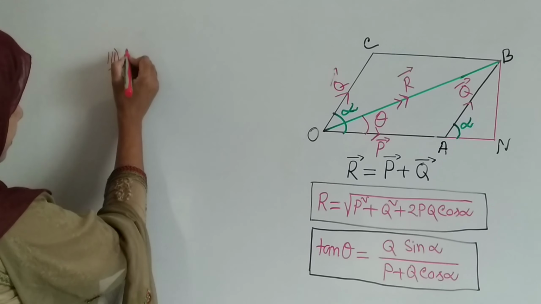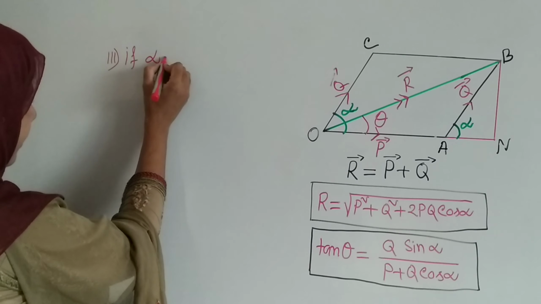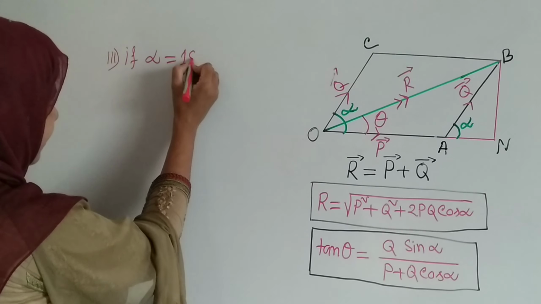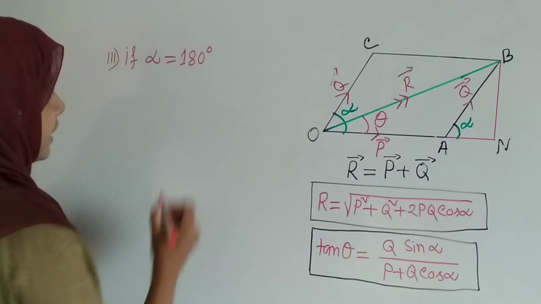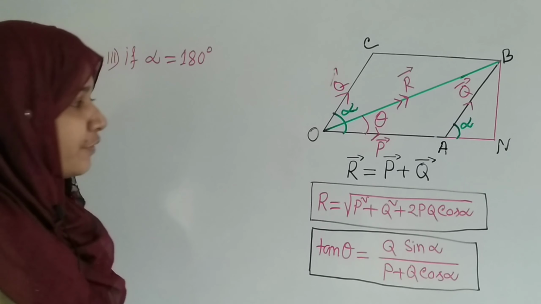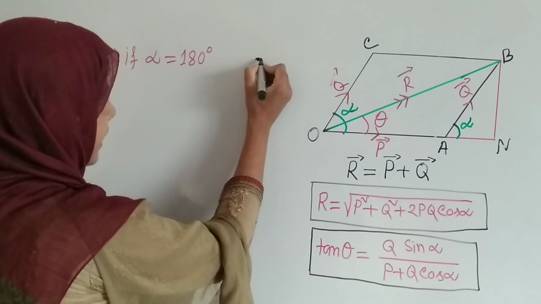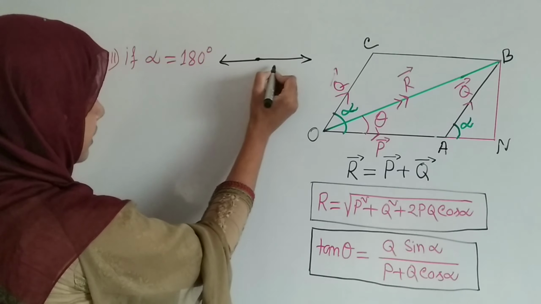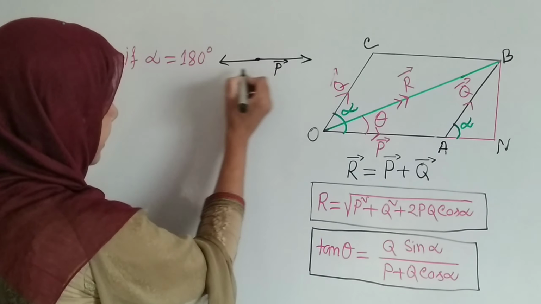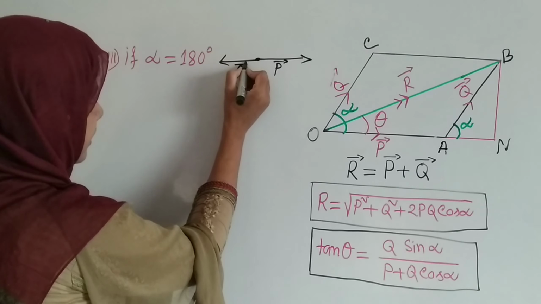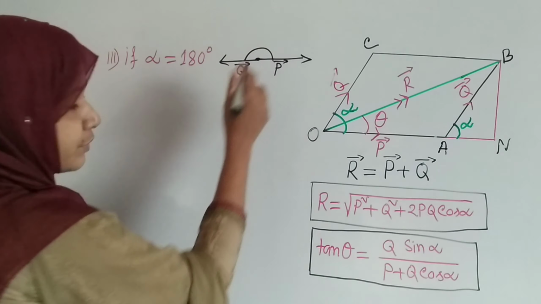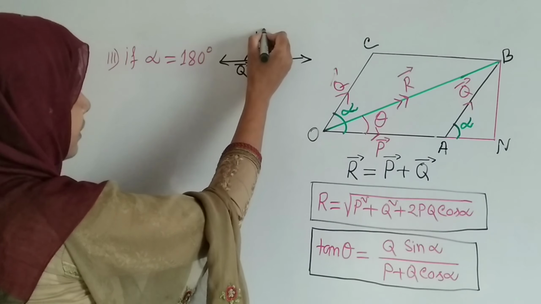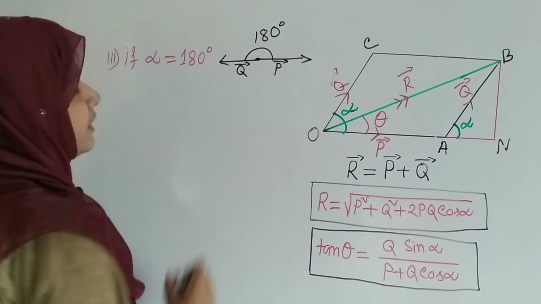if the value of alpha equals 180 degree, that means if P and Q vectors act in opposite direction. Here is the vector P and this is the vector Q, and the angle between P and Q is 180 degree.